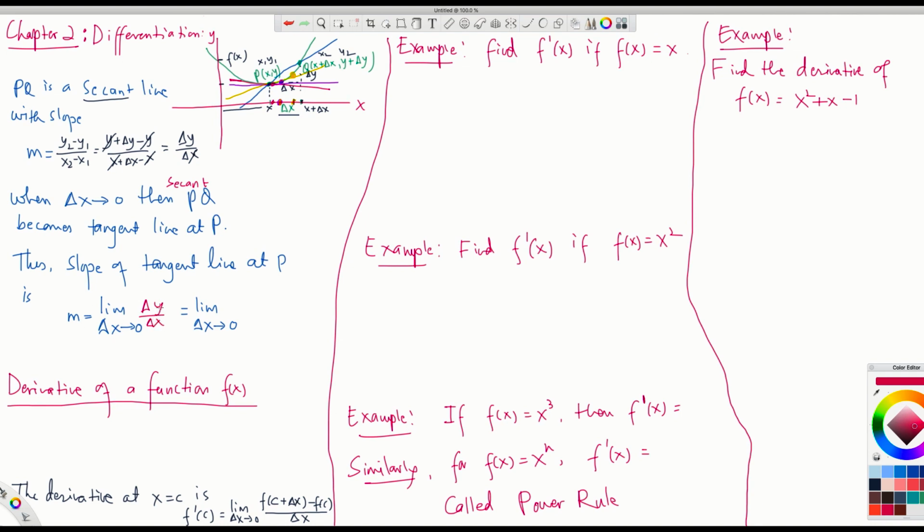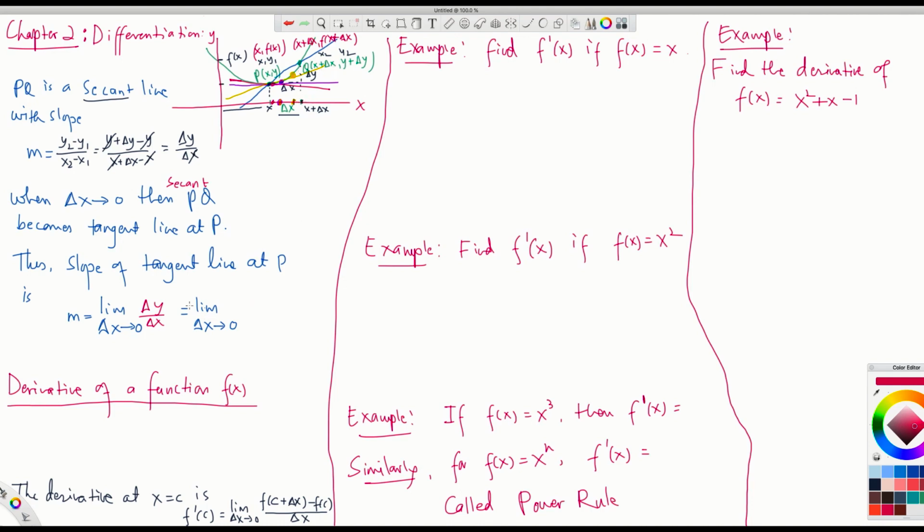Okay, so in terms of x and f of x, if you write this using f of x, x is the x, right? Y is f of x. You can write this point as x comma f of x. That is x comma y. So this point will look like x plus delta x comma f of x plus delta x, right? This is just another way of writing it. So y plus delta y can be written as f of x plus delta x, meaning the height at x plus delta x.